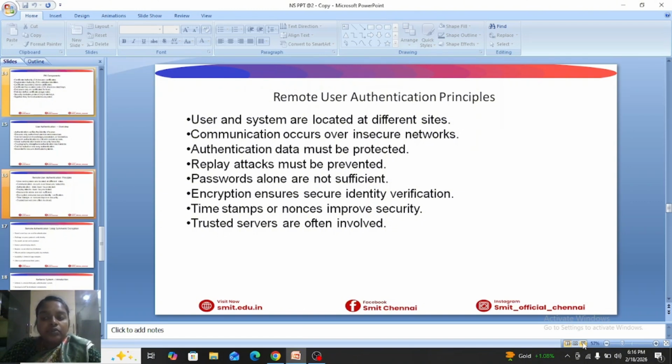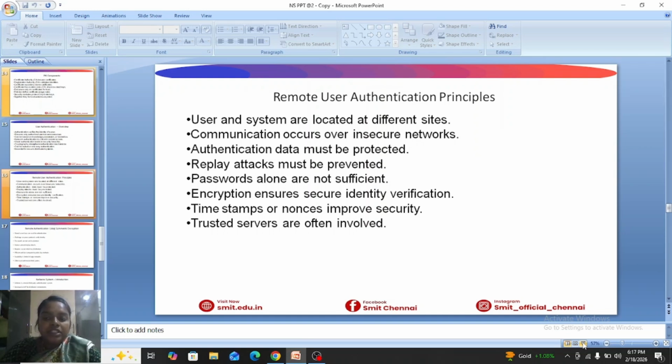Credentials are not exposed during transmission. Communication is protected from attackers. What we need for remote user authentication is an open and insecure network. That's most important. And then the risk of impersonation, the possibility of eavesdropping and replay attacks, and protection of sensitive resources.